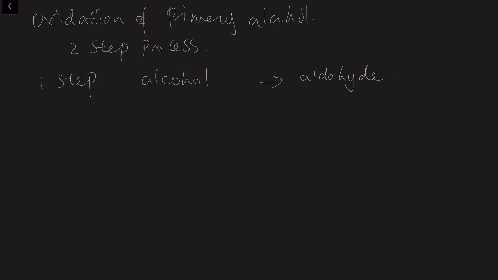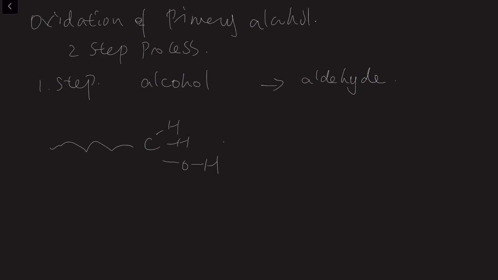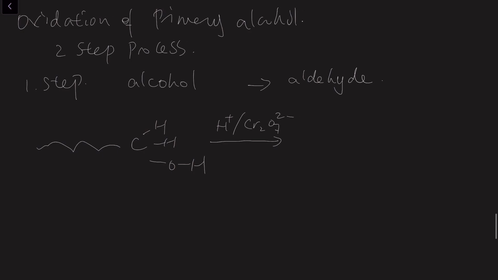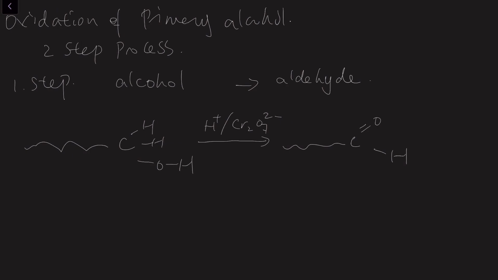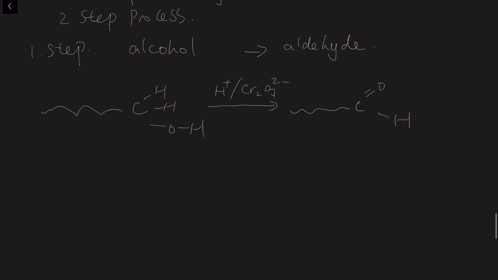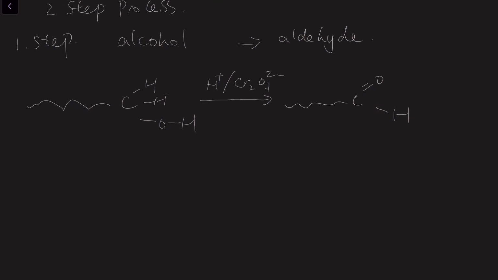So we have a primary alcohol, with H+ and Cr2O7 2- as the catalyst. And this will then produce aldehyde. Essentially we are losing 2 hydrogens, and losing 2 hydrogens means we are undergoing oxidation.